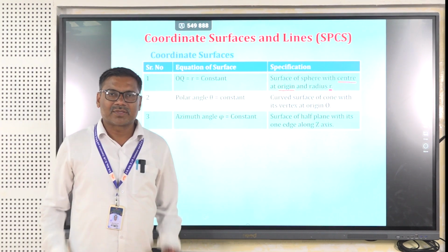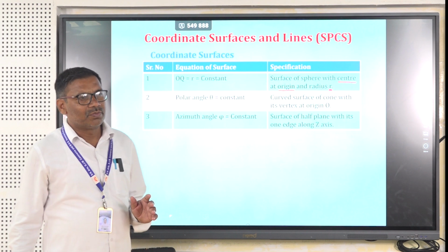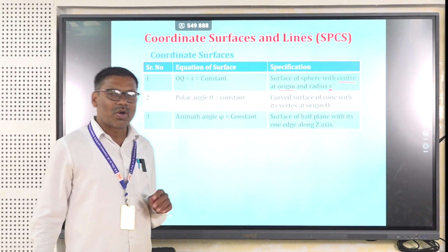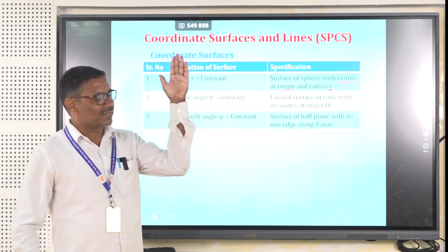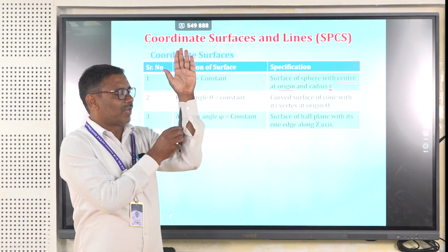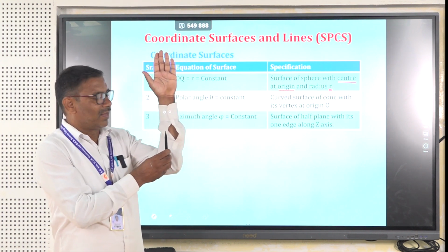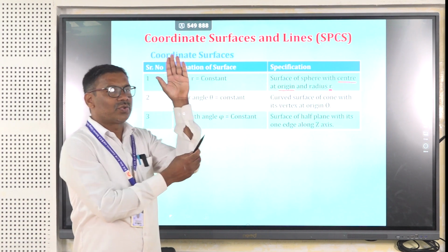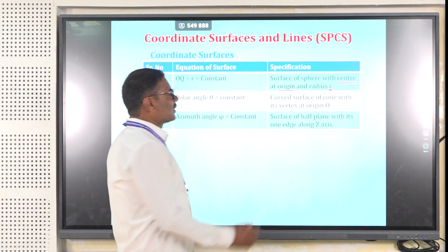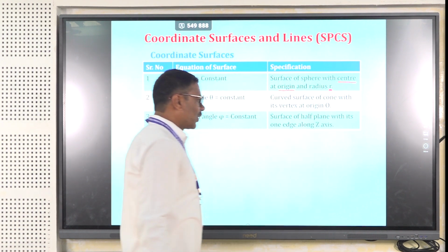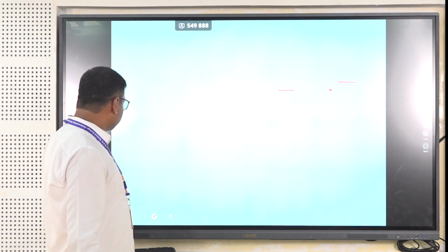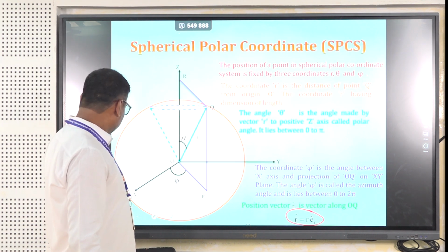Now the second surface, where the polar angle theta is equal to constant. Suppose this is the z axis and the angle made with this z axis, starting from 0, is some angle theta. For theta constant, it represents the surface of a cone whose vertex is at the origin. In the diagram we can see these surfaces.